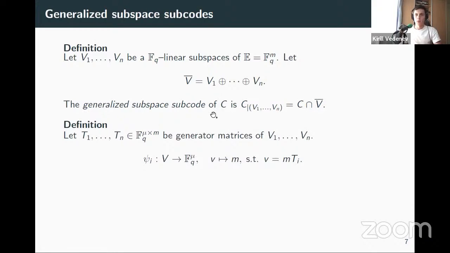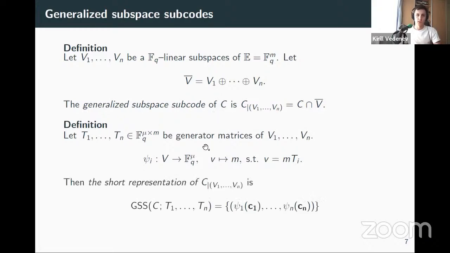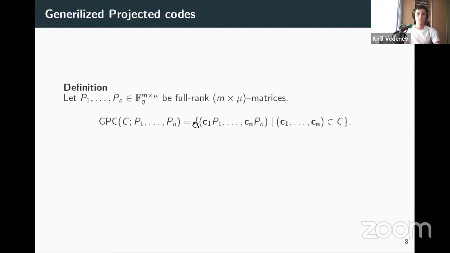Generalized subspace subcodes have a short representation, namely, since these subspaces can generally have lower dimension than m, we can define the short representation. This is given as follows. Together with generalized subspace subcodes, there are also generalized projected codes.